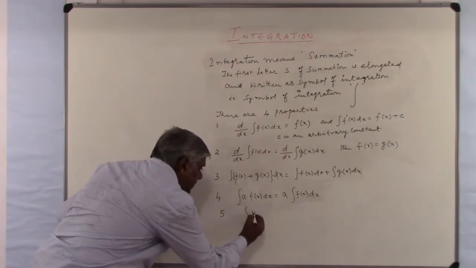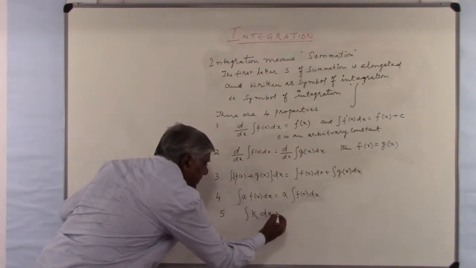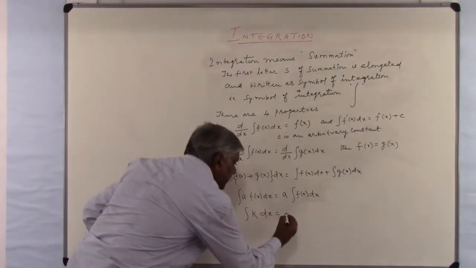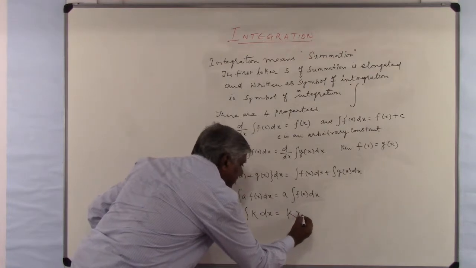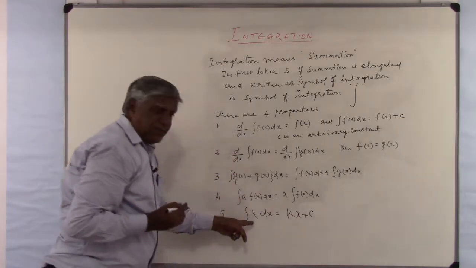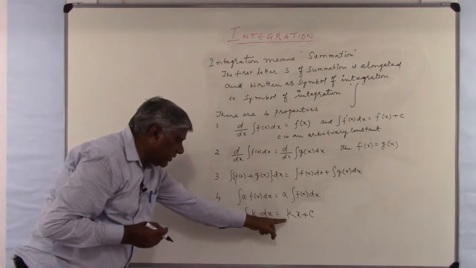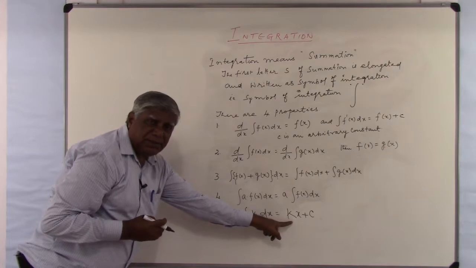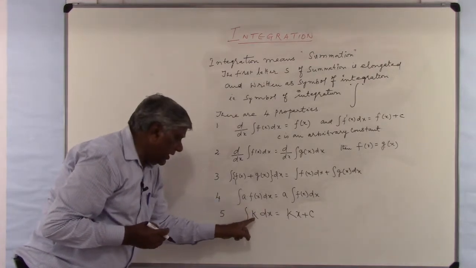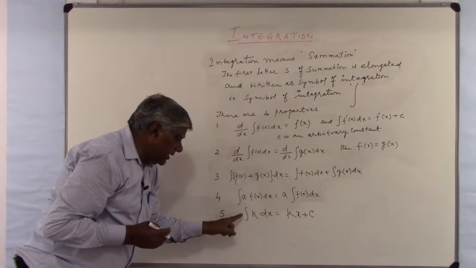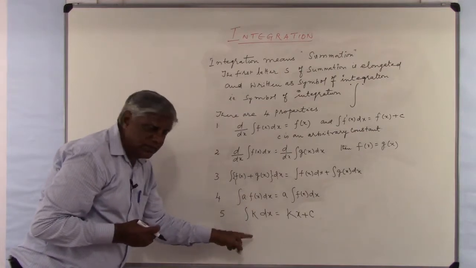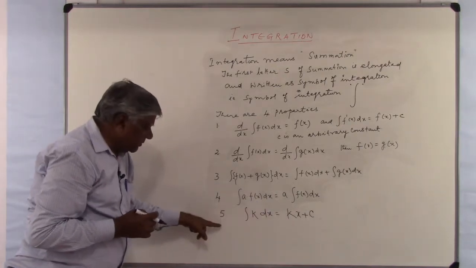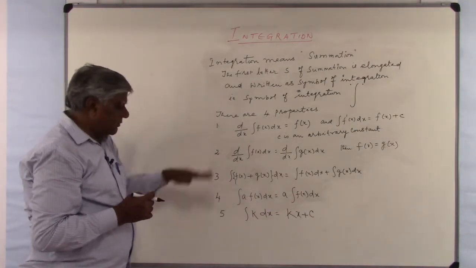Integral k into dx is nothing but kx plus c, where k is the multiplying constant. So the integration of a constant is always k into x plus c. This is also one of the important properties. You can take all the 5 properties.